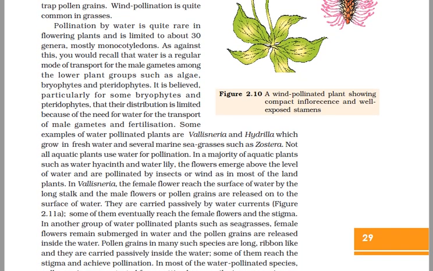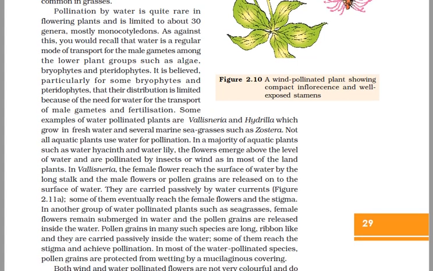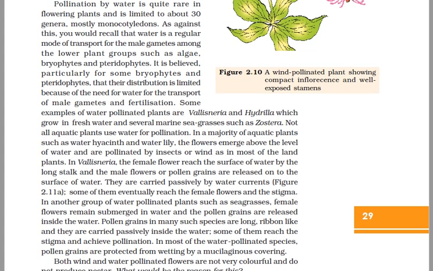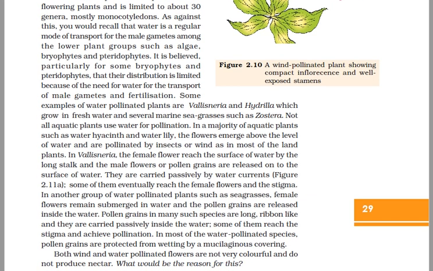In Vallisneria, the female flower reaches the surface of the water by a long stalk, and the male flowers or the pollen grains are released on the surface of water. Then with the water currents, they reach the stigma of the female flowers and the pollination takes place.